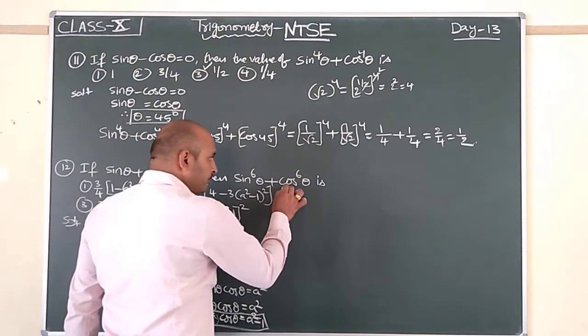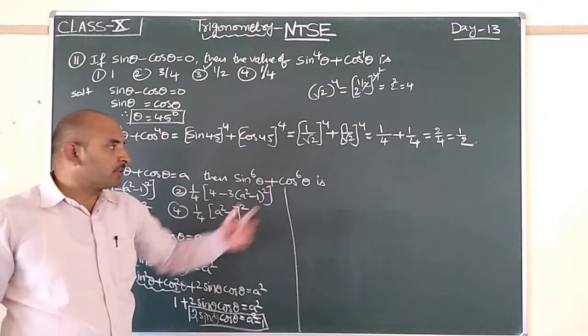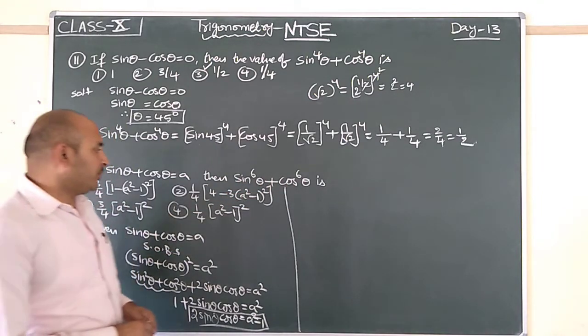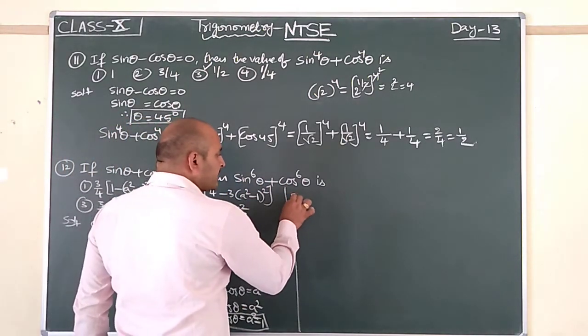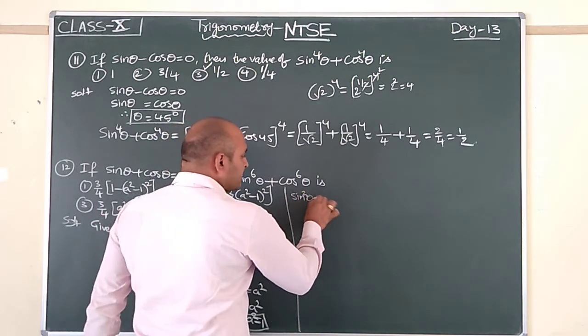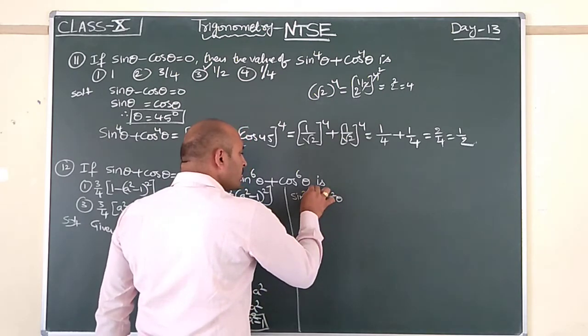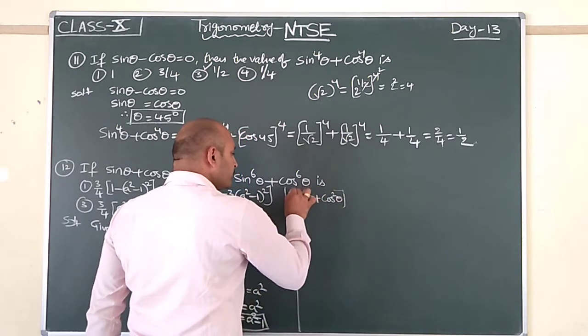So now let us find sin power 6 theta plus cos power 6 theta value. Observe. I am taking sin square theta plus cos square theta whole cube.